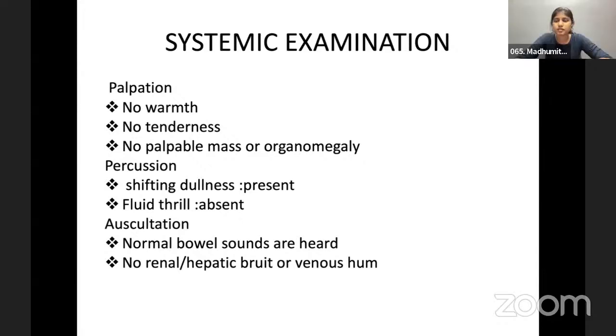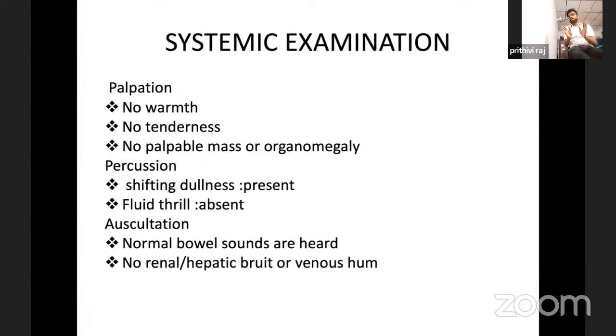Yes. So suppose your patient has fluid thrill. Now, will the child have shifting dullness or not? No, sir. Why? Because the fluid will be present in the whole abdomen. Good, exactly, that's the reason. This is the question your examiner will ask. Any child who has a fluid thrill will not have shifting dullness.